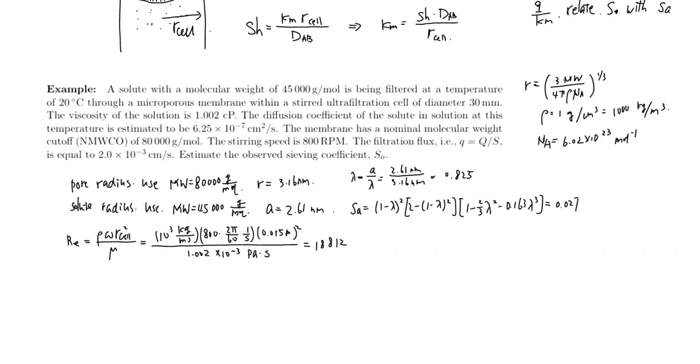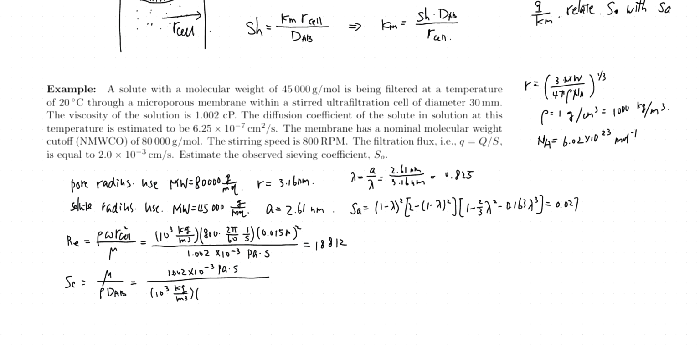Let's also figure out the Schmidt number. It's mu divided by rho times D_AB. Mu is the same dynamic viscosity of the fluid. Rho is the density, same density as water. And the D_AB, the diffusion coefficient, is given in the problem statement.